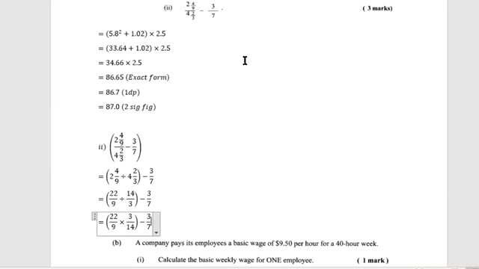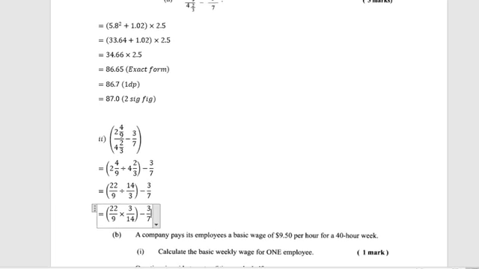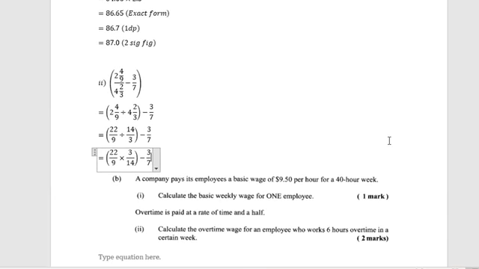At this point, we can do some simplifying. 3 into itself goes 1 time, and 3 into 9 goes 3 times. 2 into 14 goes 7 times, and 2 into 22 goes 11 times.